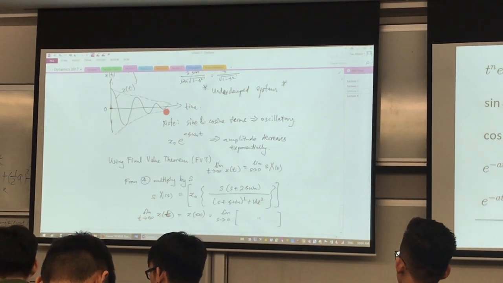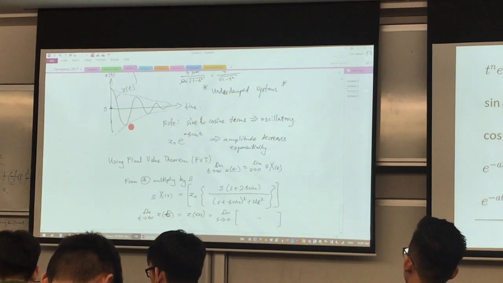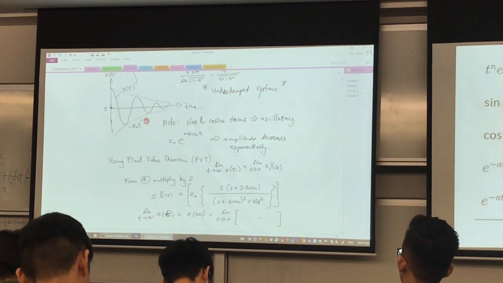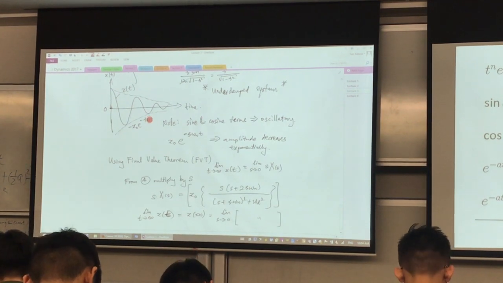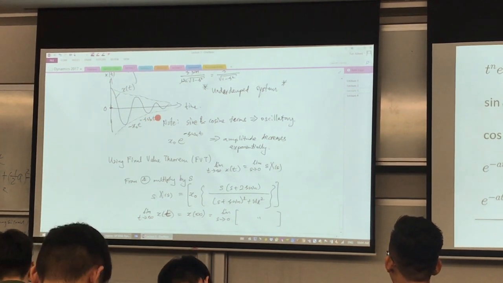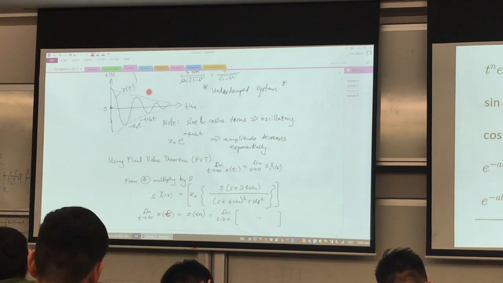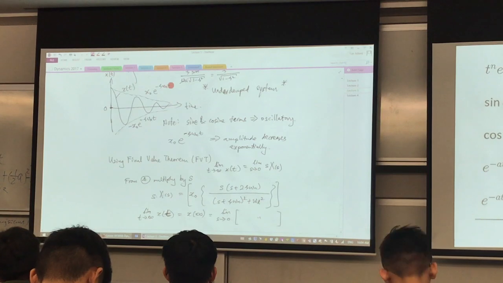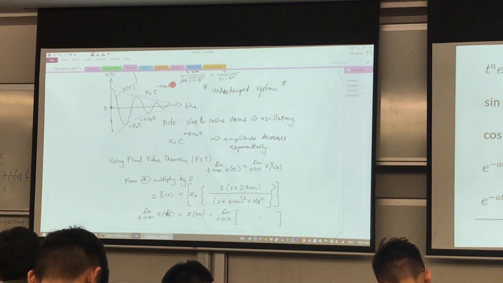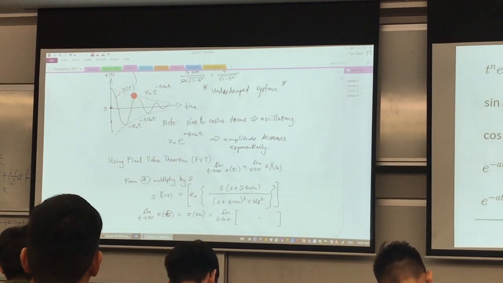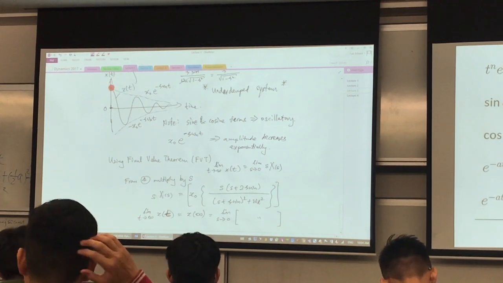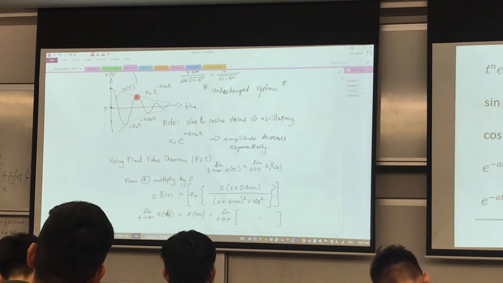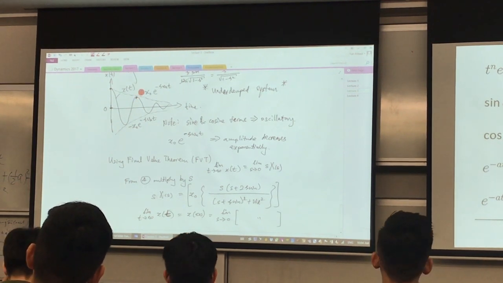This dotted line at the bottom has the equation minus x naught e to the power minus zeta omega n t. The dotted line at the top is x naught e to the power minus zeta omega n t. In this graph, there's a certain period. The period is defined from, if you start over here, you go through one oscillation and come back to the same peak.